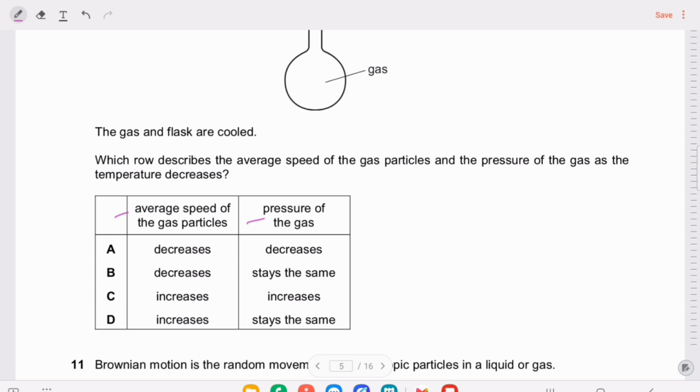Cooling removes energy from the particles, so particles move more slowly. Slower particles hit the walls less often with less force. Therefore, the pressure decreases. For example, a balloon placed in the refrigerator becomes slightly smaller because the gas particles move more slowly. So less temperature, less particle speed, the pressure also decreases. In that case, the right option is A.